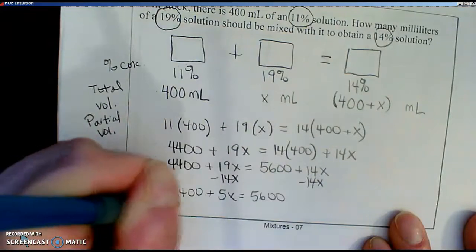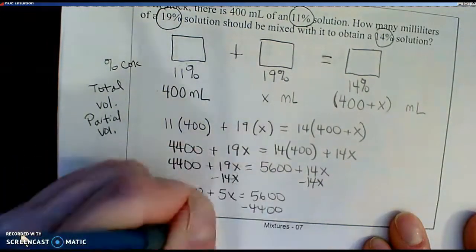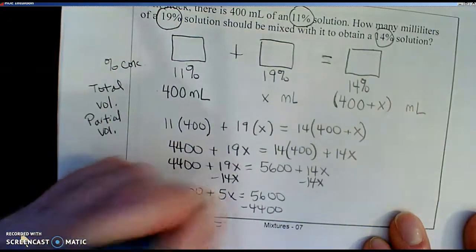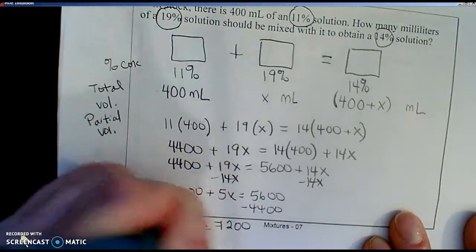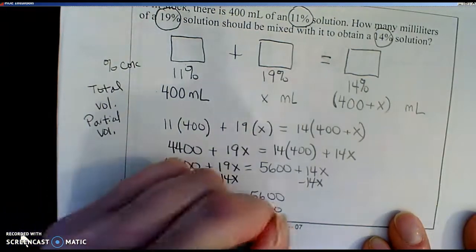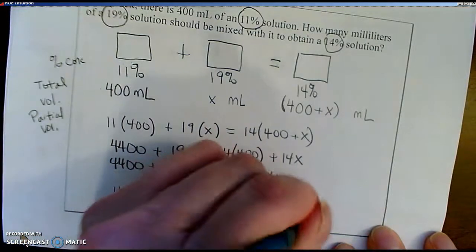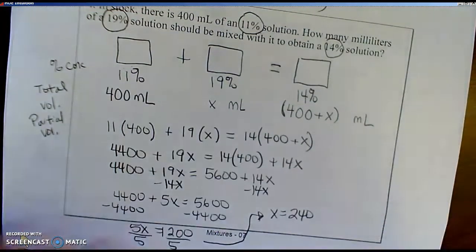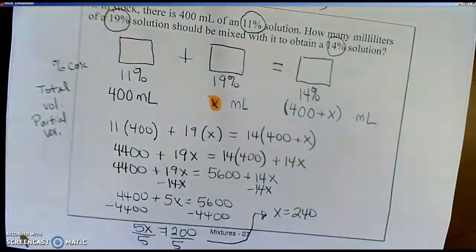And then we'll subtract 4,400 from both sides. And that gives us 5X equals 1,200. Divide everybody by 5. I'm running out of room again. Put it up here. So that's going to be X equals 240. And over here we see what X was. It's the number of milliliters of the 19% solution.